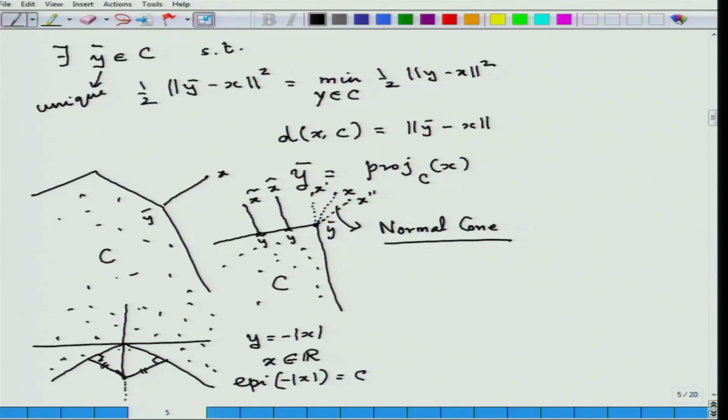Now, once I know this, for this point x, this y bar 1 and this y bar 2, two different points, both of them are projection points. Because this is a non-convex function, the epigraph here is a non-convex set, and for a non-convex function a point outside the set can have two different projection points.